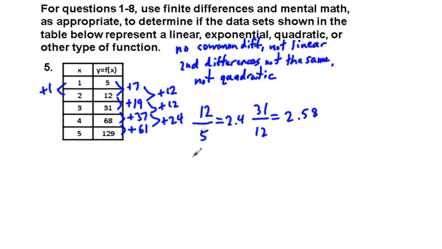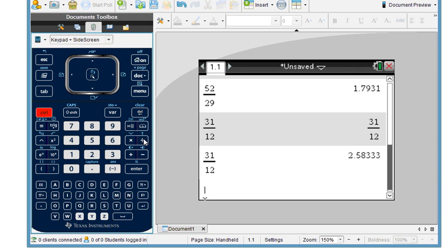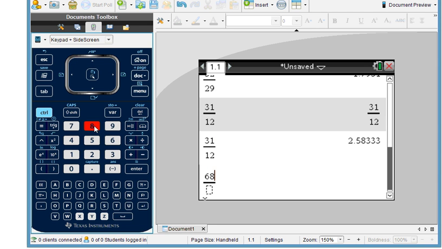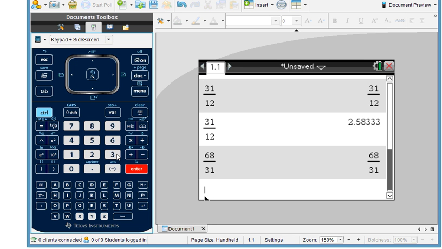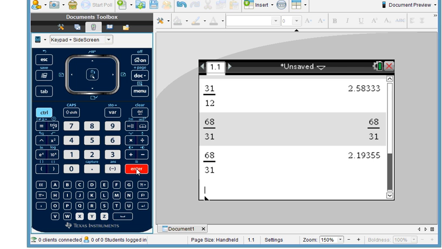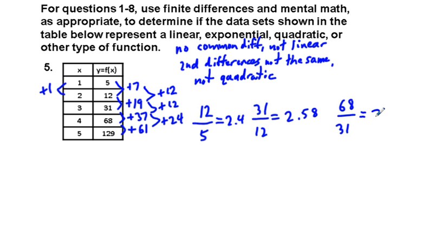Next, 68 over 31. What does that equal? Okay, decimal approximation, 2.19. And finally we have 129 over 68.